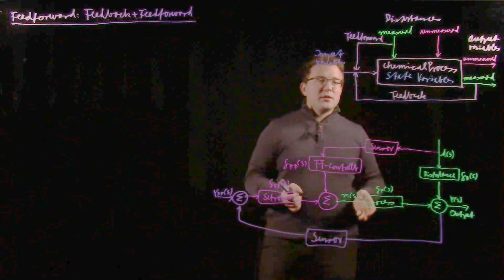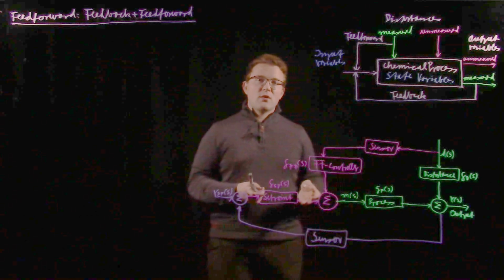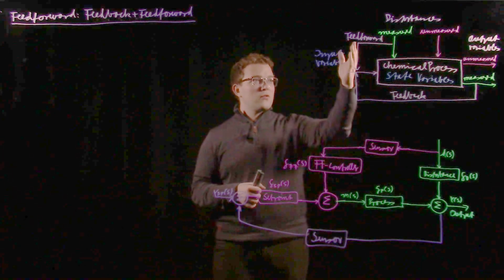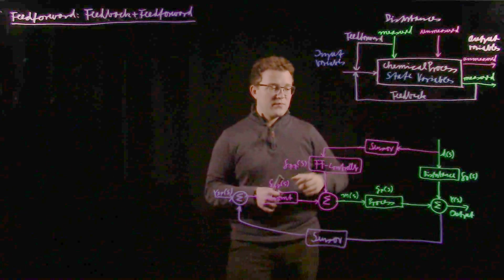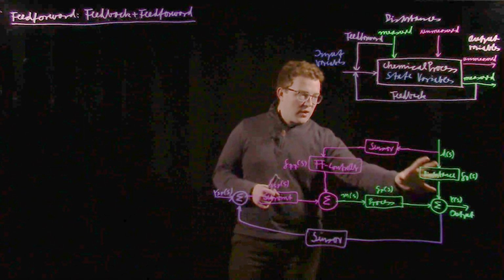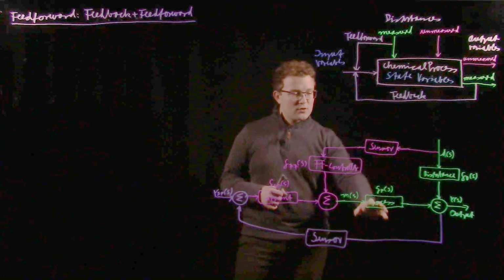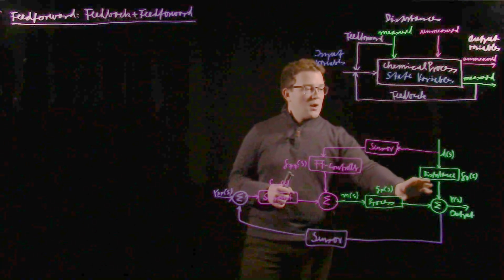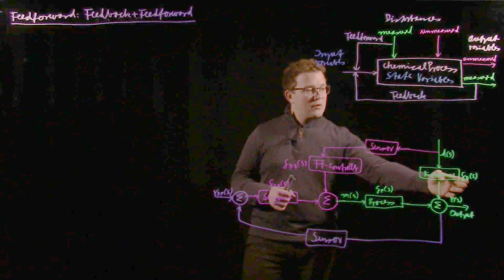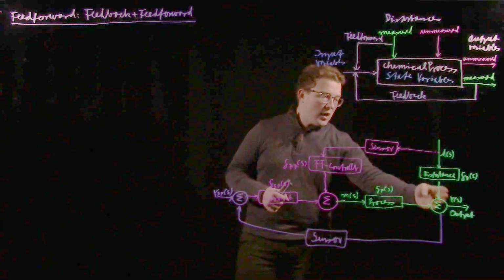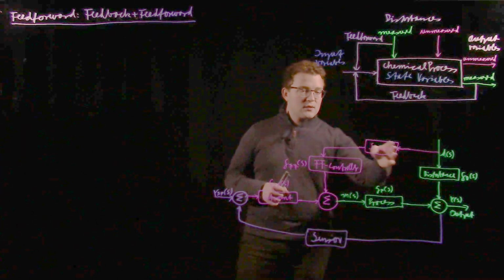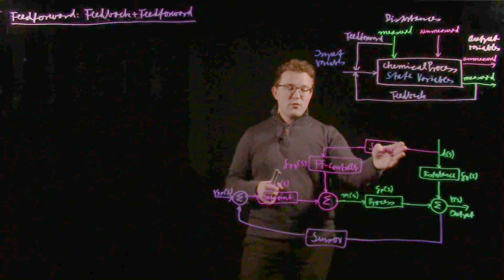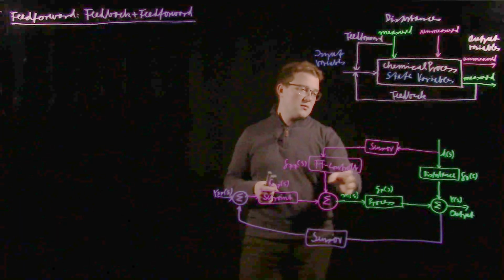Here in the lower part you can see the abstract view of such a combined system of feedforward and feedback. Here in green we have our core process, with our transfer function GP, our disturbances d(s) with our transfer function GD(s), our output y(s), and over here you can see the feedforward part in reddish color.